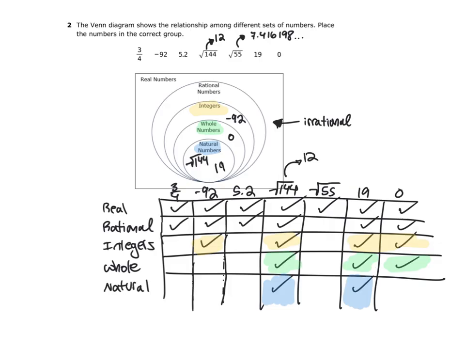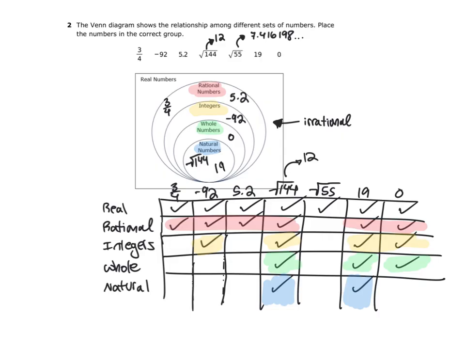It's already placed correctly as a natural number. Okay. And then we've got our rational numbers, and here they are, and there's two that I need to add to my diagram. Negative 92, the square root of 144, 19, and 0 are already on my diagram in their correct locations. So now I need to do 3/4 and 5.2. So 3/4 and 5.2. There they go.